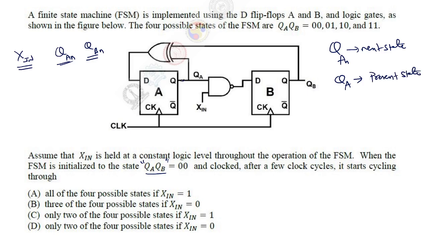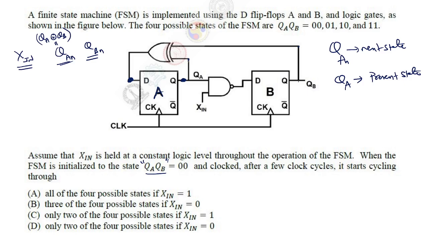QAN, in this flip-flop A, depends on D. QAN is nothing but D. What does D depend on? It is the XOR combination of QA and QB. So QAN is just QA XOR QB.